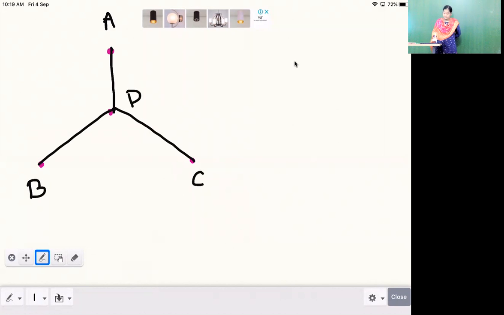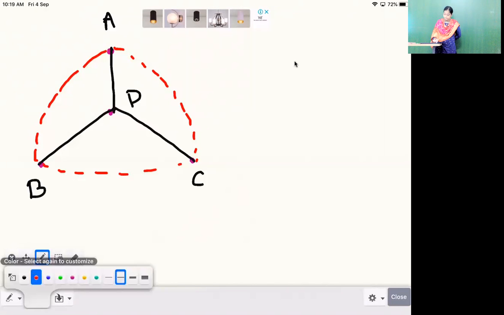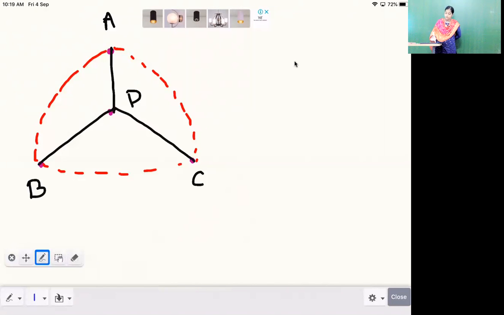Now the links I am going to draw with a different color so that you can identify what is a link and what is a branch. So for links I am using a red color, which is drawn with a dotted line. Okay. Now let us mark all the branch currents here. So this was our current I1.